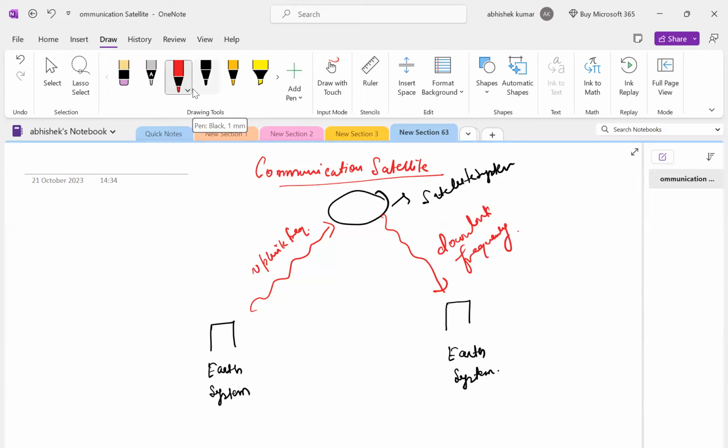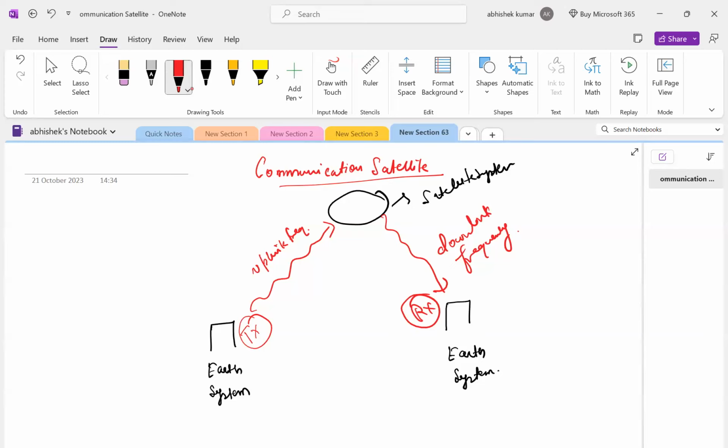So how do we place a satellite in an orbit such that we can send the signal from one Earth station transmitter to one Earth station receiver, and it is maximally usable to us? On that basis, we place different satellites in different orbits.